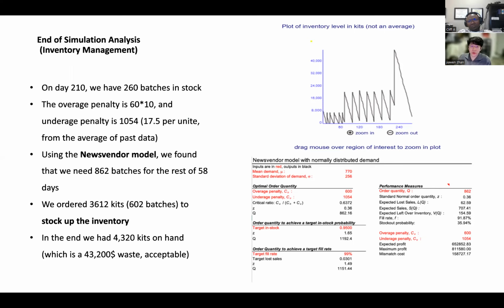Through the model, we have this inventory level of 862 batches of product that we need to stock up until the end of our simulation. We apply this number to our simulation and we end up with 4,320 kits left in hand. This might not be the perfect number since we want it to be closer to 0, but in our opinion, this is a very good result.